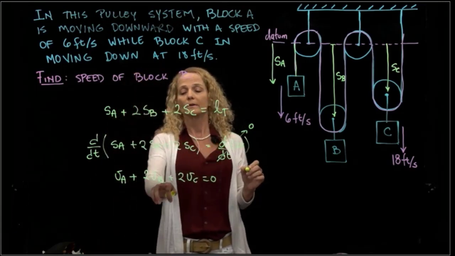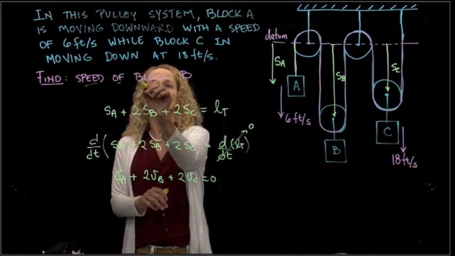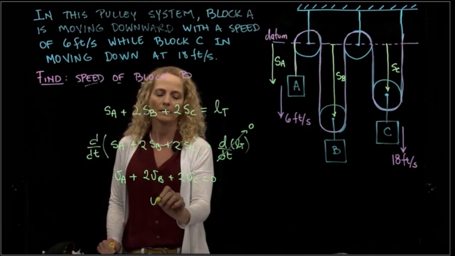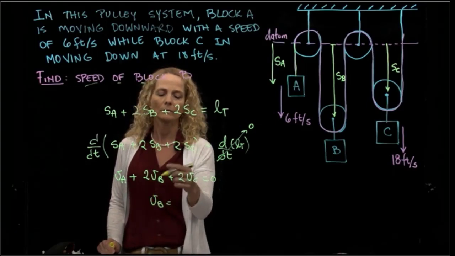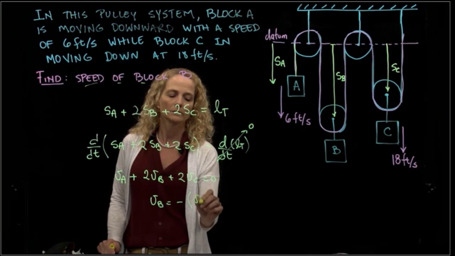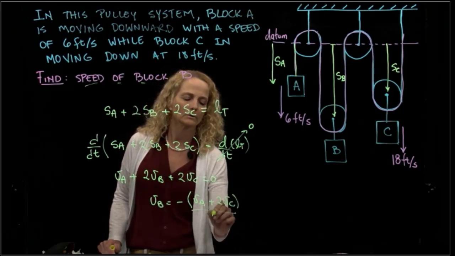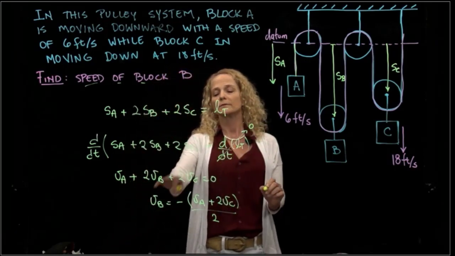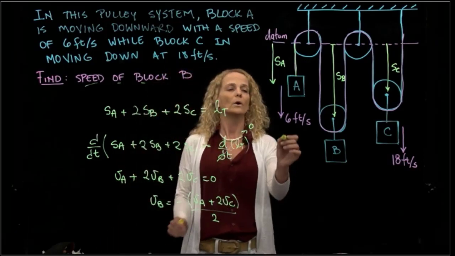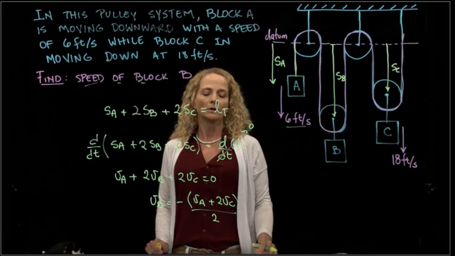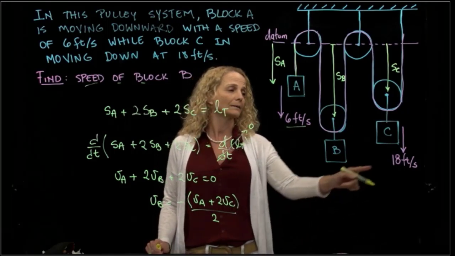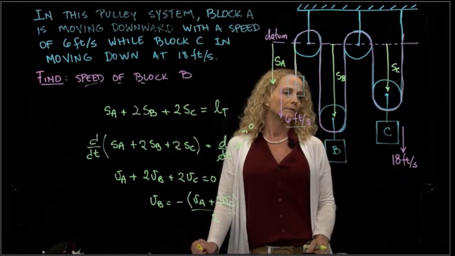And we want to find the velocity of B, right? The speed of block B. So we solve for B, and the velocity of B will be negative velocity of A plus 2 velocity of C, divided by 2. So that's the equation for our velocity of B, and we know that the velocity of A is 6 feet per second, and the velocity of C is 18 feet per second.